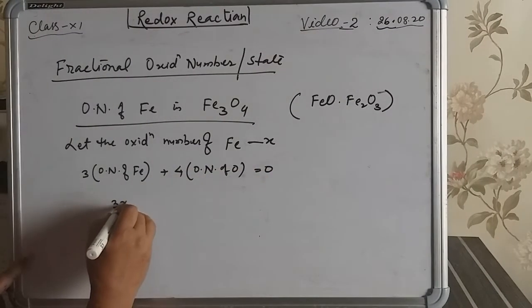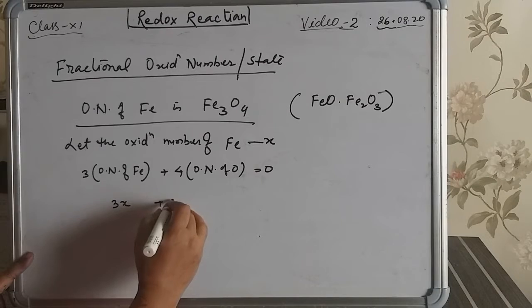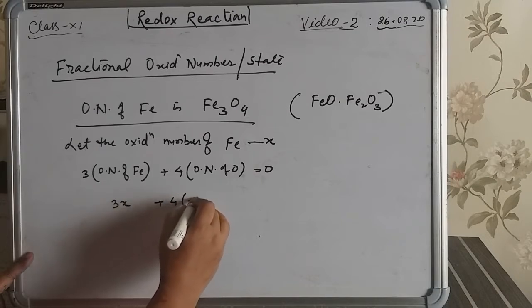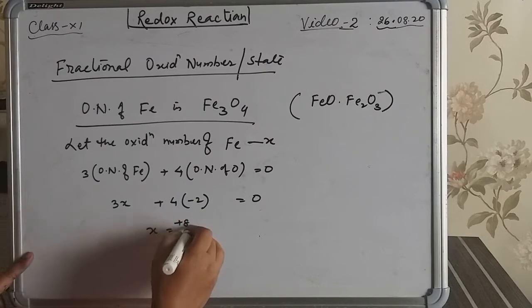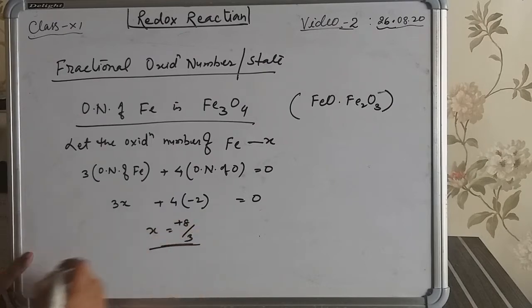So it comes to 3x + 4(-2) = 0, and x = +8/3. Simply we can calculate in this form also. Or there is another simple method, if you know it, to find the fractional oxidation number. So in this way you can find it simply as +2 and +3.